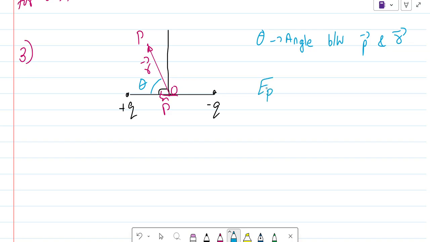So the electric field at a point P is equal to Kp by r cube into under root of 1 plus 3 cos square theta.